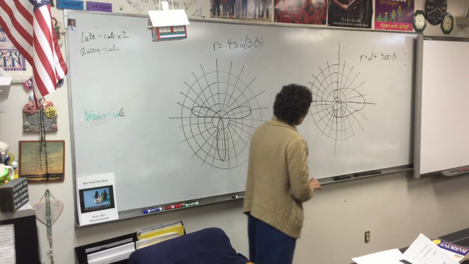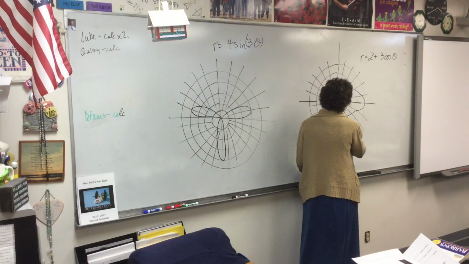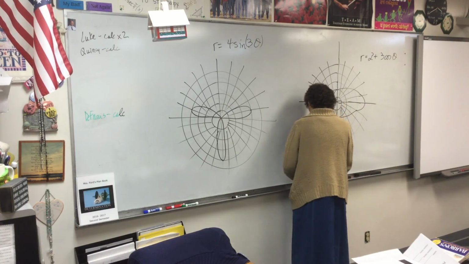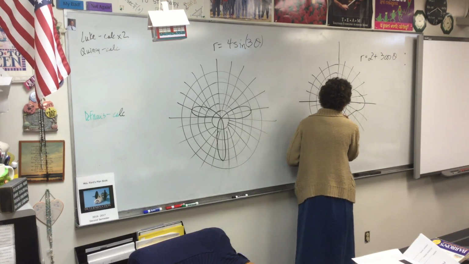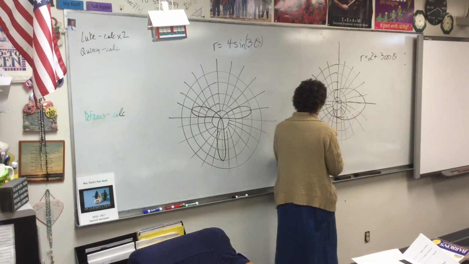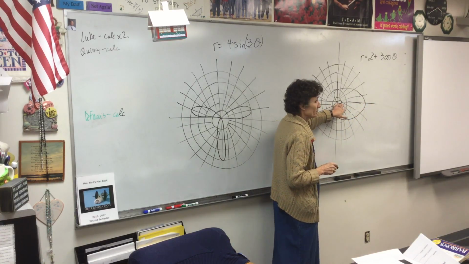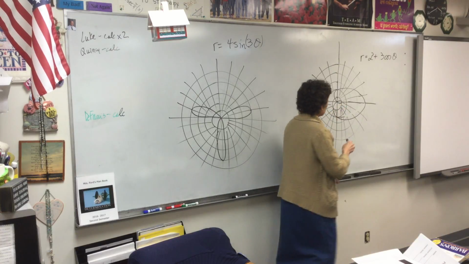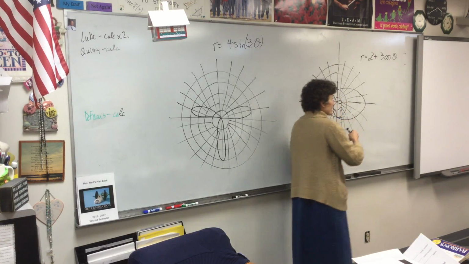And then over here, it's a little bit funky, but she's got her nice little limaçon, and it's got an interior loop, right? Comes out to 5 over here on this side.